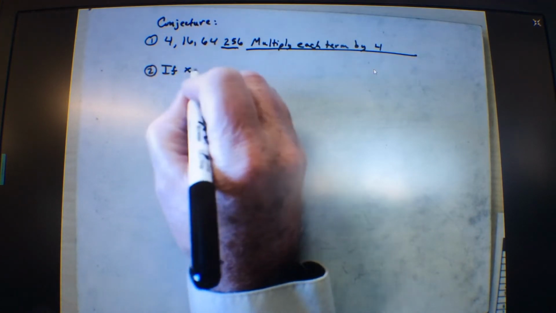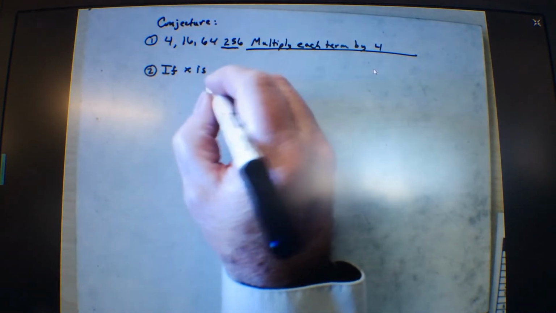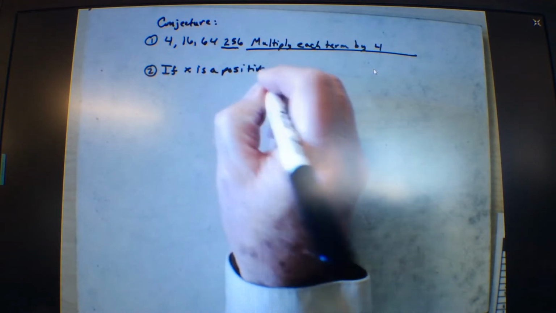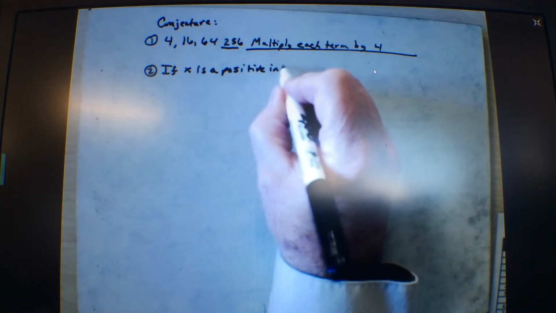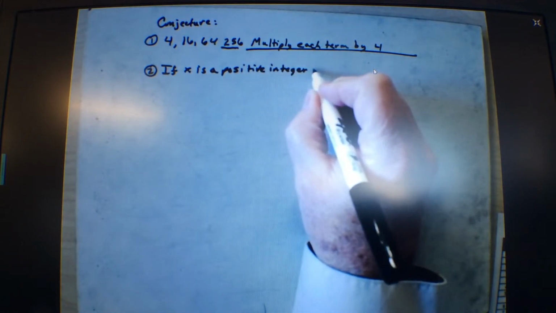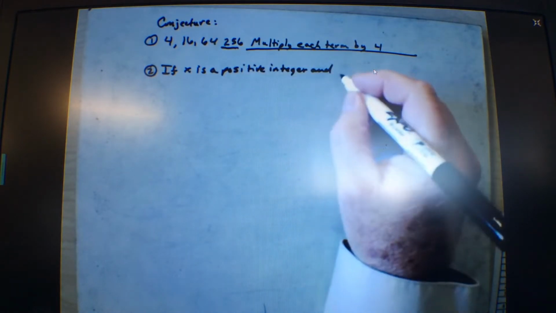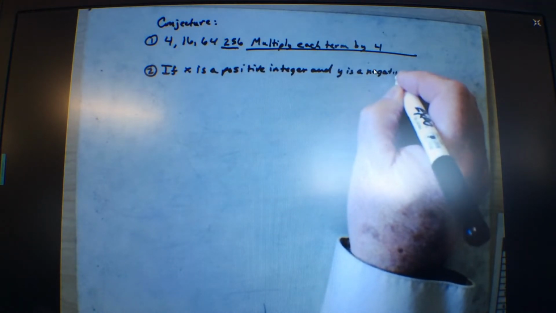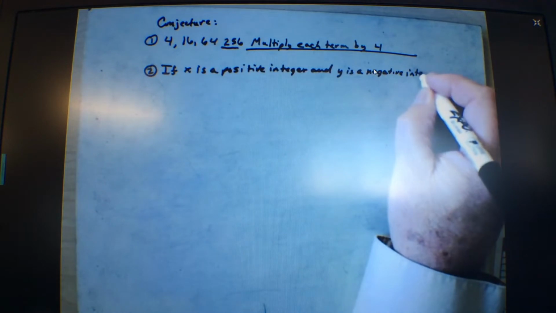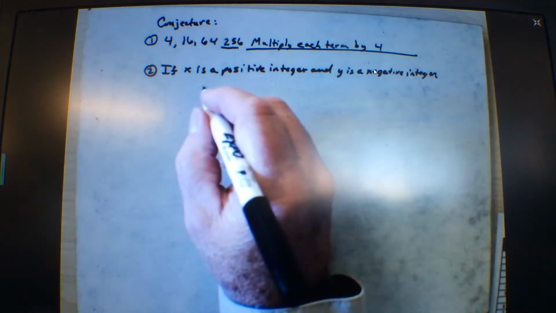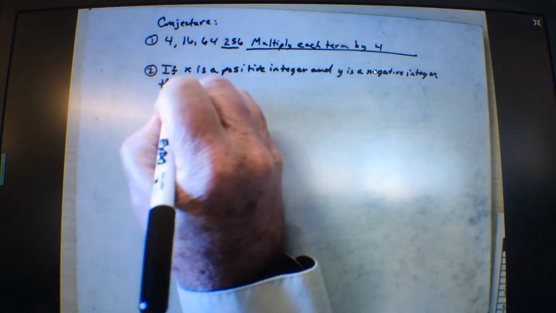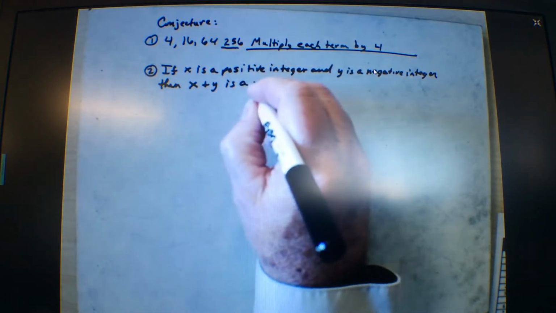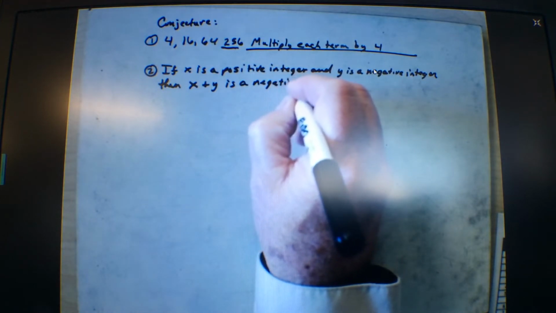If x is a positive integer and y is a negative integer, then x plus y is a negative integer.